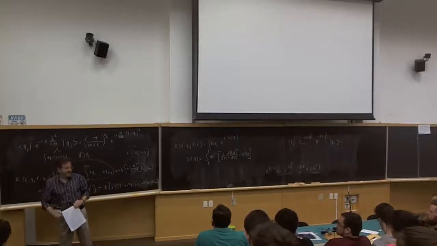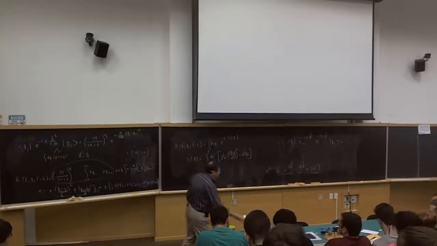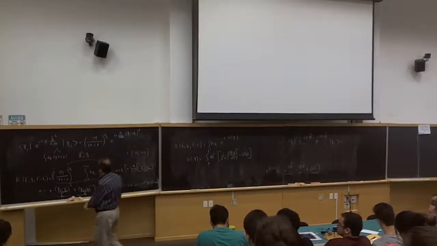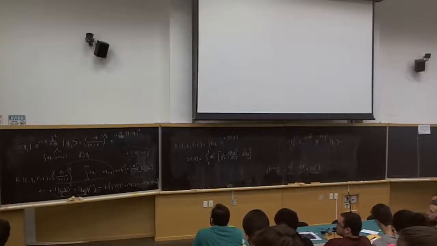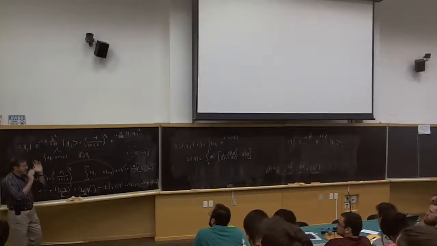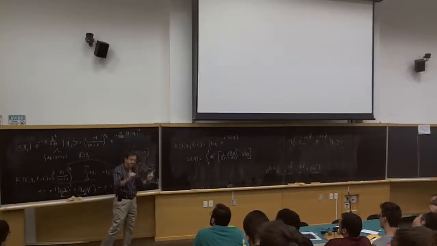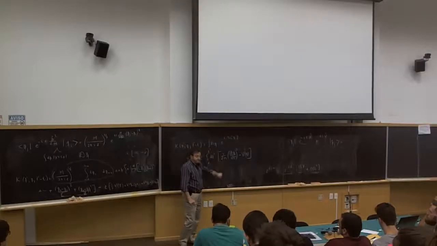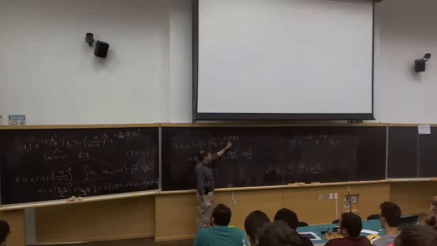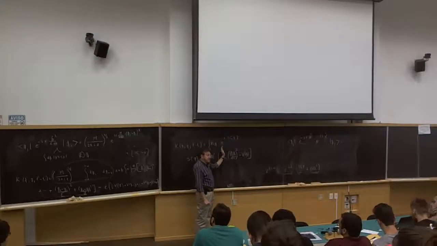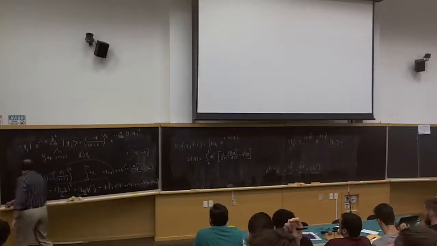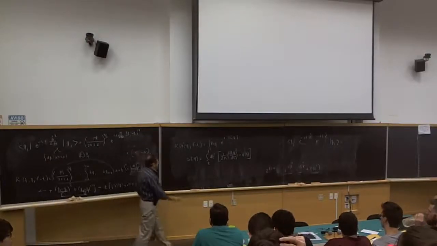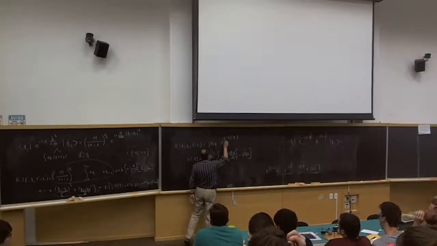So how to quantize a classical system? In this way: you have the Hamiltonian, found at the classical level, you see? There are no hats here. You have a classical Hamiltonian, find the classical Lagrangian, you get the action, put it here. There's an h bar missing here, okay? There are no hats.